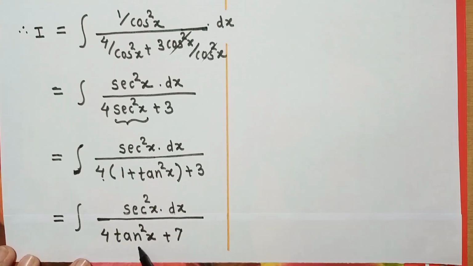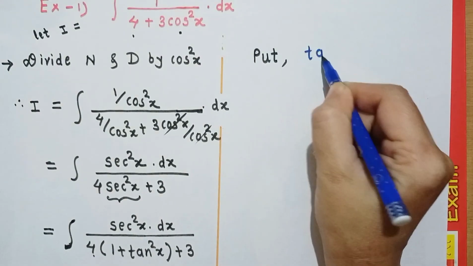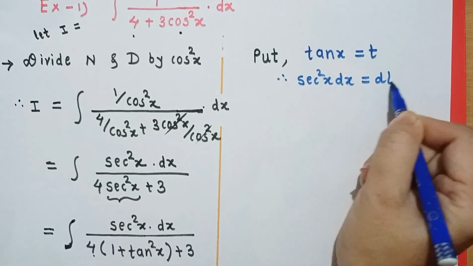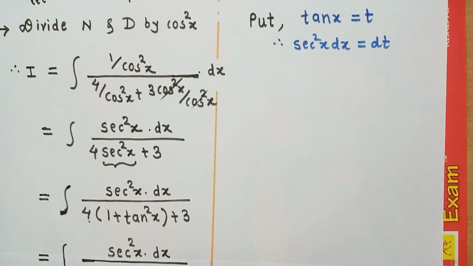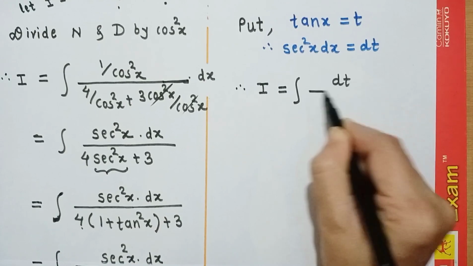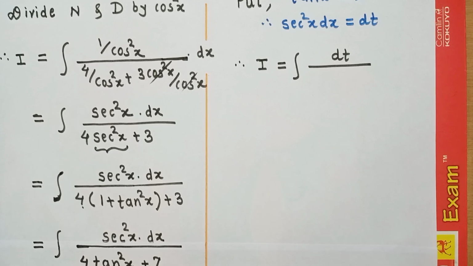Put tan x equal to t, and therefore sec square x dx equal to dt. Therefore tan x is equal to t, and we will substitute this here. Now check, this is dt upon 4 t square plus 7.